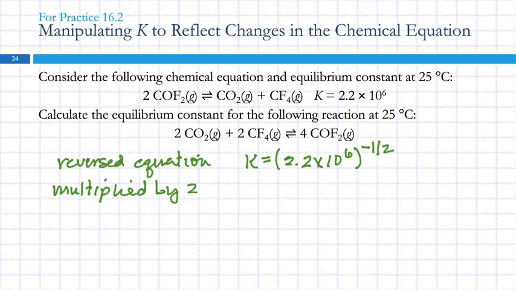So it's the square root of 2.2 times 10 to the minus 6. Well, 1 divided by 2.2 times 10 to the minus 6. So this can be written different ways.